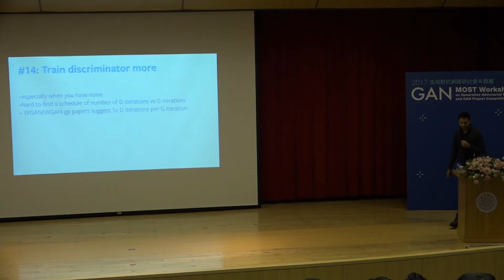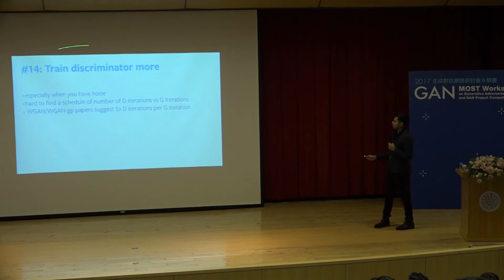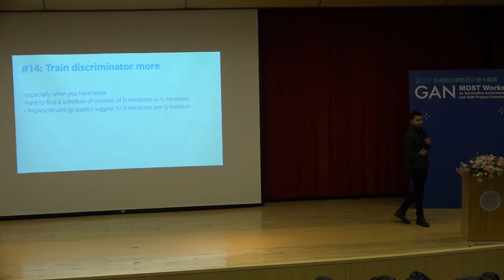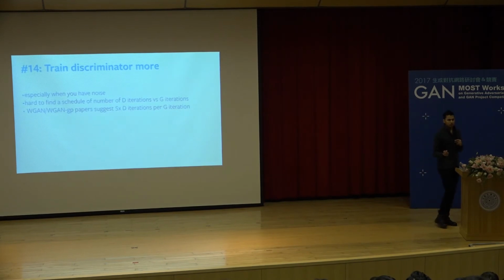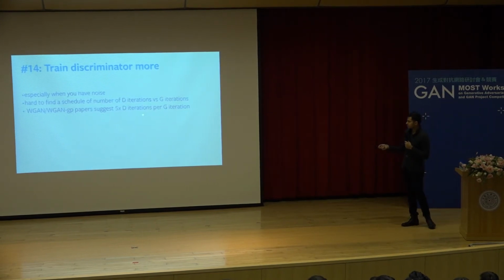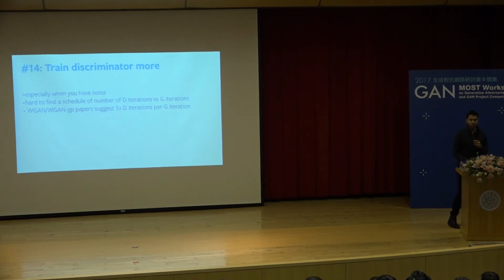The 14th trick is train the discriminator more. If you do one generator iteration, do multiple discriminator iterations. Both these papers, WGAN and WGAN-GP, suggest 5 discriminator iterations for one generator iteration.